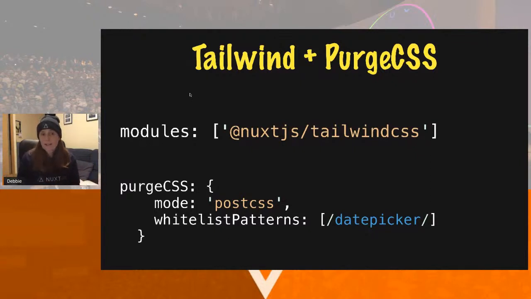And in the whitelist pattern, if you find you're missing styles, because Purge CSS can get rid of some of the styles it thinks it doesn't need, especially styles from a third-party library, it might delete them. So whitelist basically means do not delete this style.